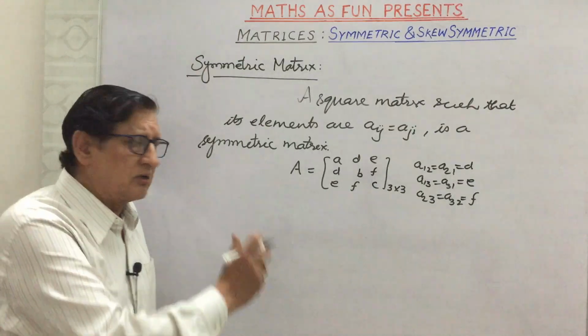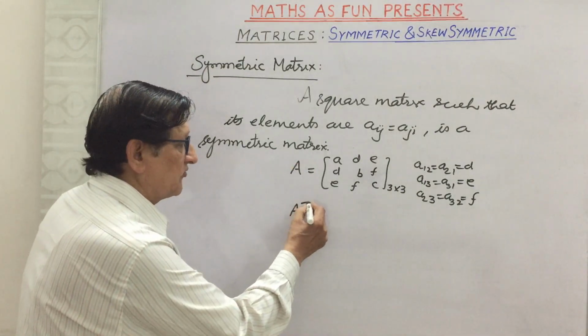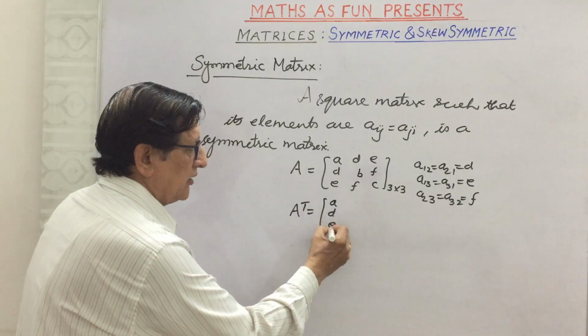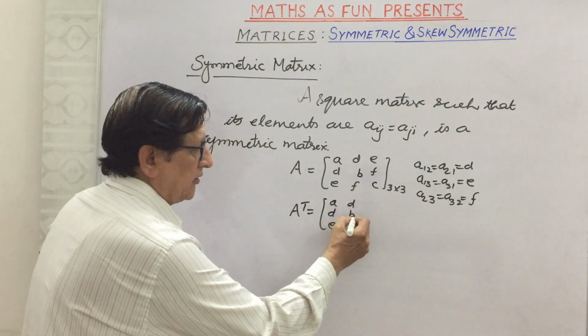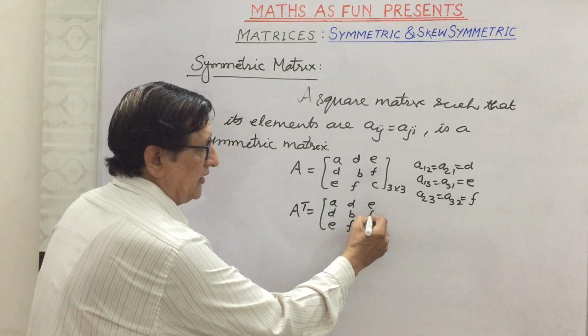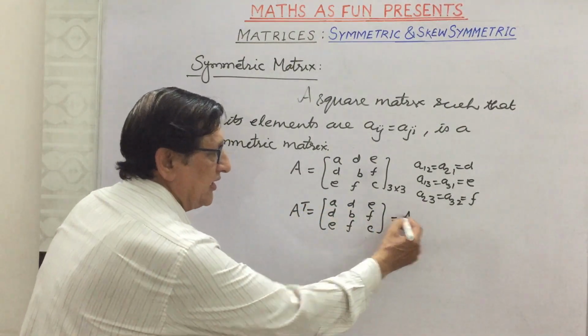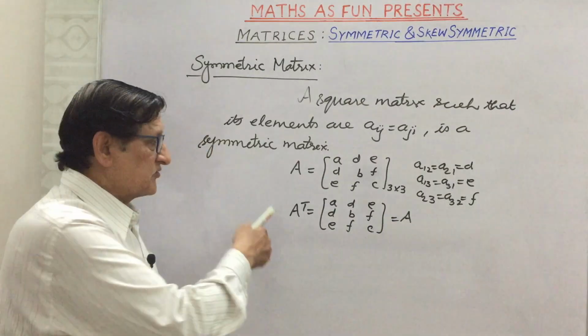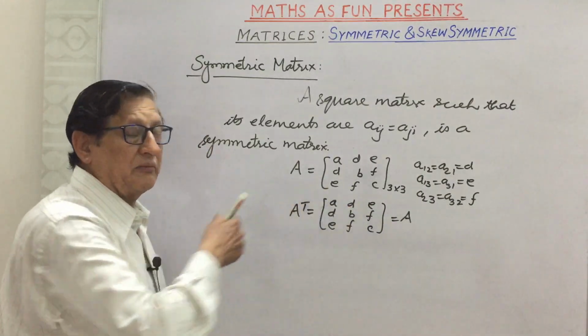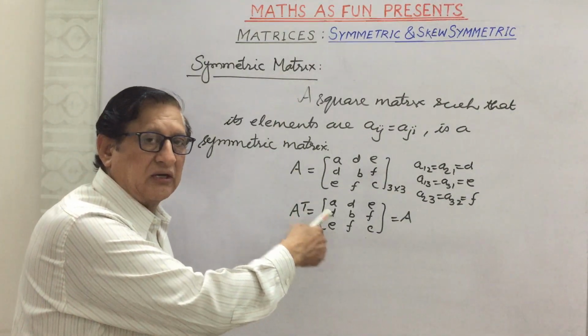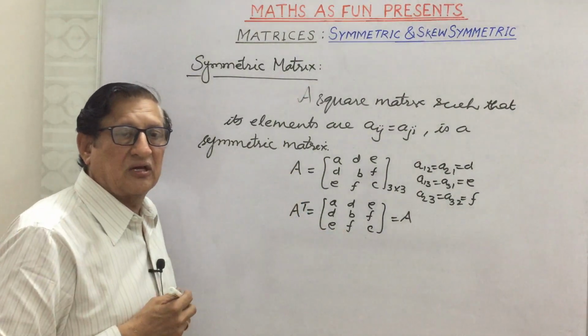One more thing we see here, if we find the transpose of A, that is A, D, E, D, B, F, E, F, C. We find this is same as A. It means for any symmetric matrix, the transpose of the matrix is the matrix itself.